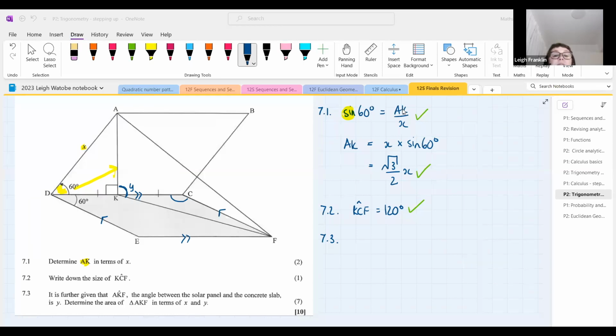Voloshin says we need to find KF. Ma'am, don't we use the cosine rule? Almost, Linda. I think you've made a little mistake somewhere, Linda. You're just going to have to go back and have a look at that. Obviously, I can't say the answer just yet because everybody else is still thinking this one through.